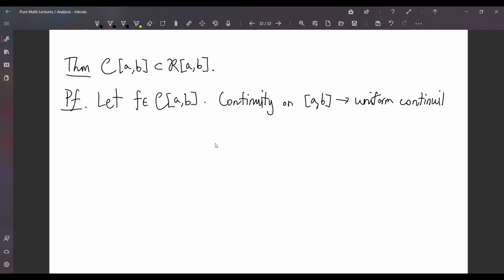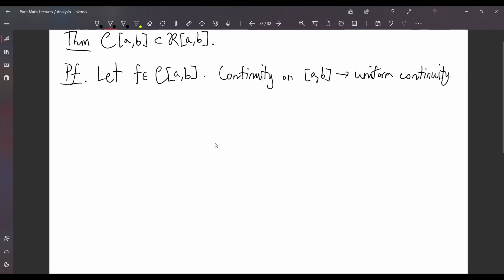Okay. This isn't always true, of course, because uniform continuity is a stronger condition than continuity, but on a closed interval, they're the same. So now we're going to let epsilon be greater than 0, and we are going to show that we can get the upper and lower sums of f to be close to each other.